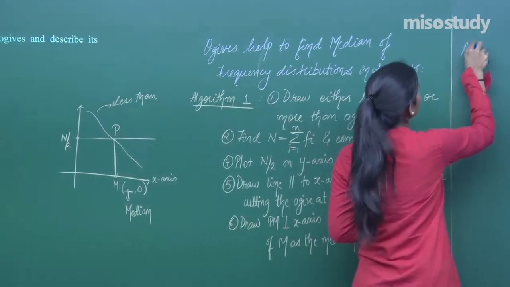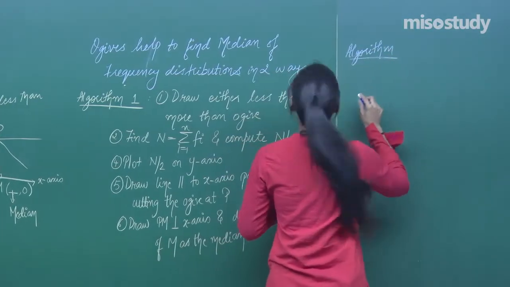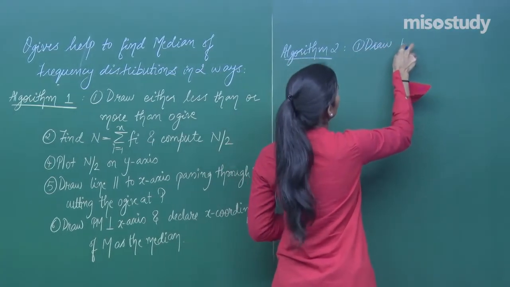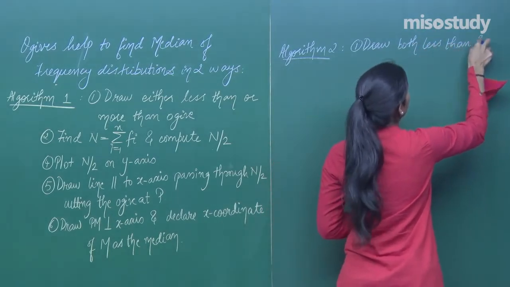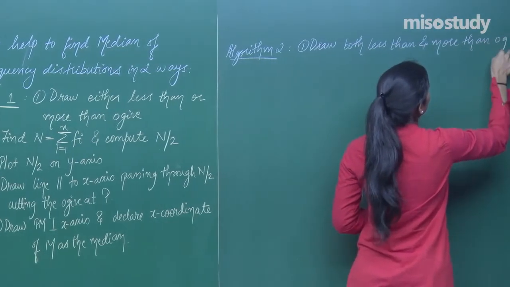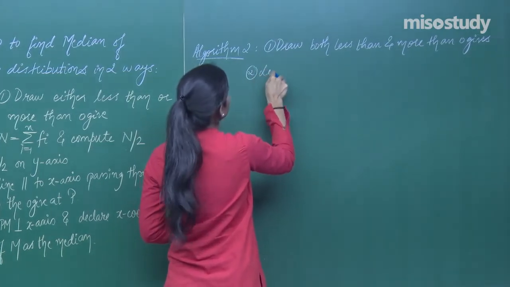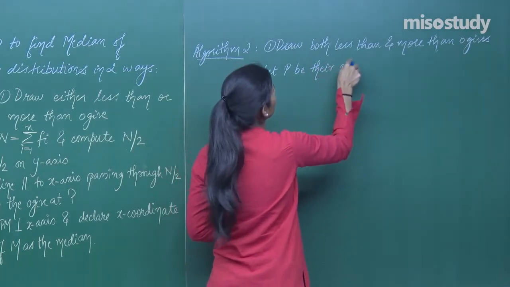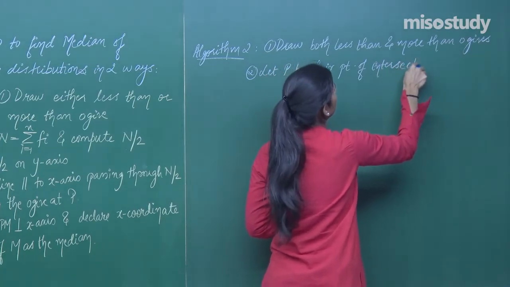There is another algorithm which asks us to draw both the ogives. So step number 1, draw both less than and more than ogives. Let P be their point of intersection.